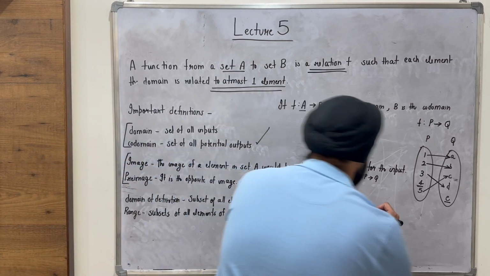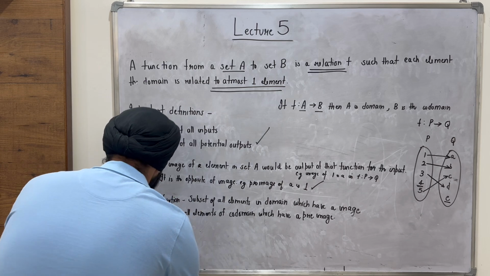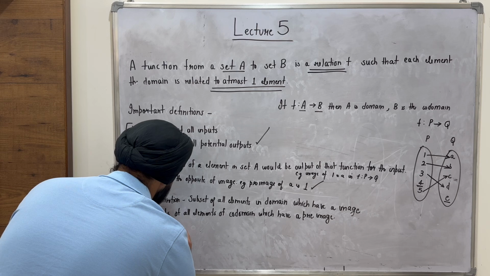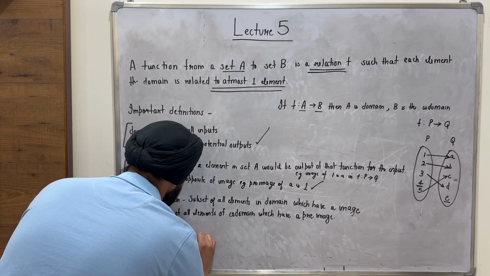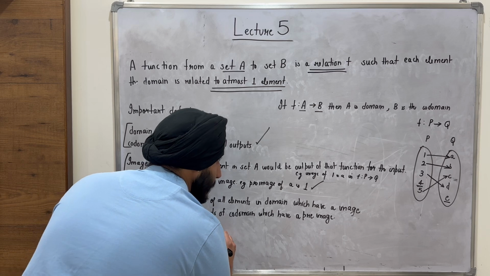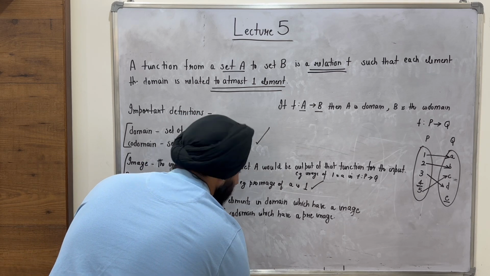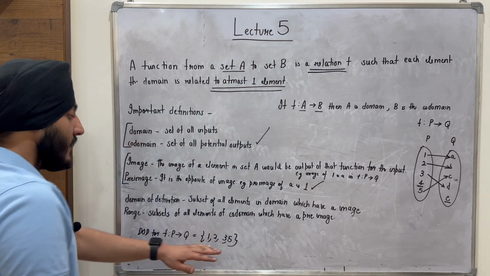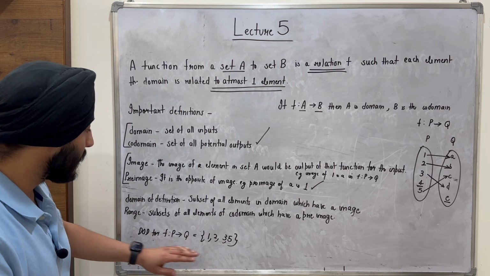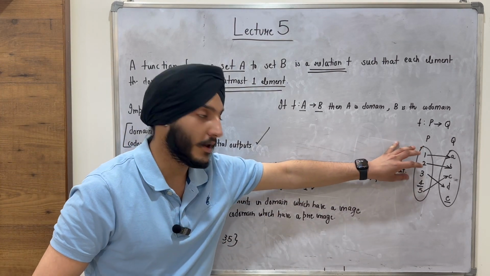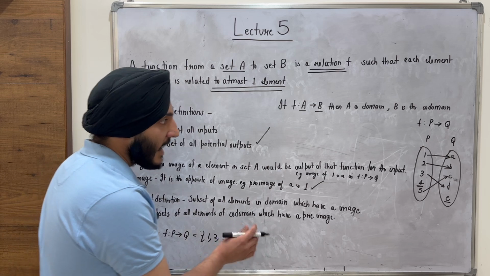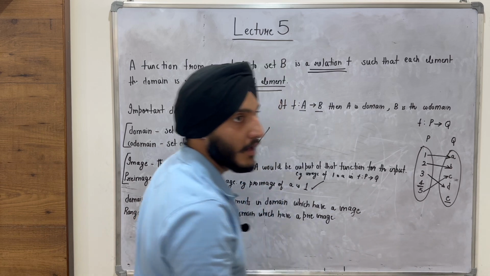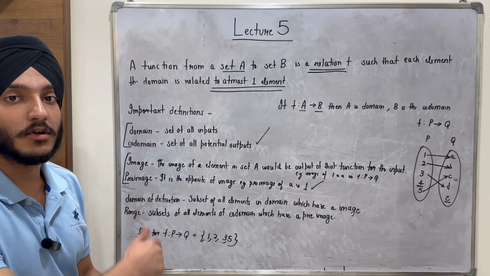So DOD for f: P to Q is equal to {1, 2, 3, 5}. These 4 elements are going to be the domain of definition for this specific function over here. Why? Because all of them have a valid resulting value, or I should say image, in the set Q over here.